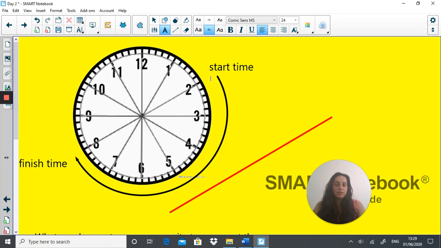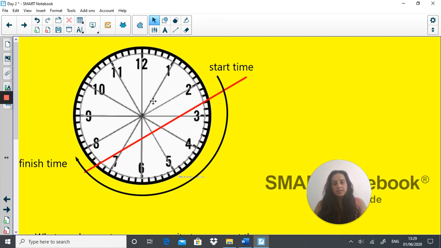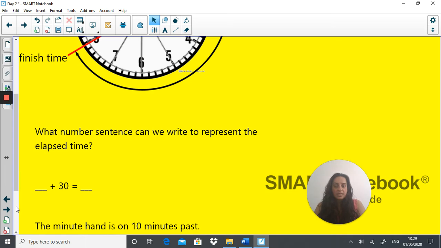Here we go. So the start time was 10 minutes past. It finished at 8:40. So your line should be like this. This red line shows the elapsing of the 30 minutes. And let's go to our number equation to represent this.